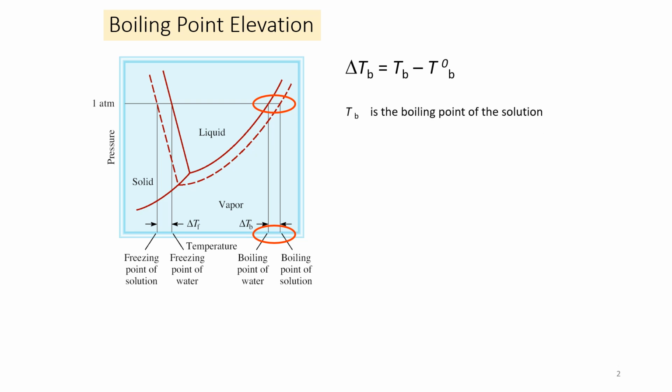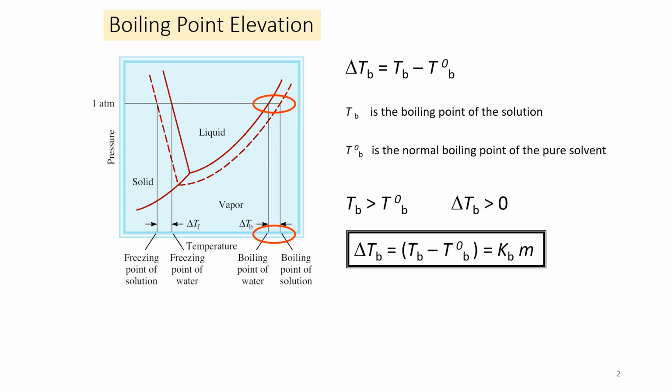Tb is the boiling point of the solution, which contains the non-volatile solute, and T naught b is the normal boiling point of the pure solvent. So we can see that Tb is greater than T naught b, and from this we can determine that delta Tb is greater than 0.